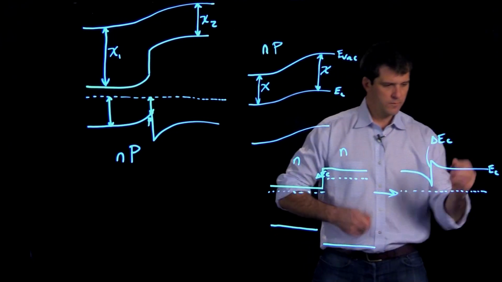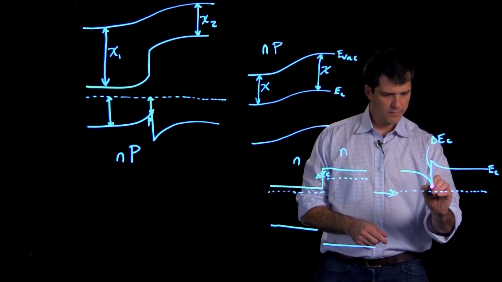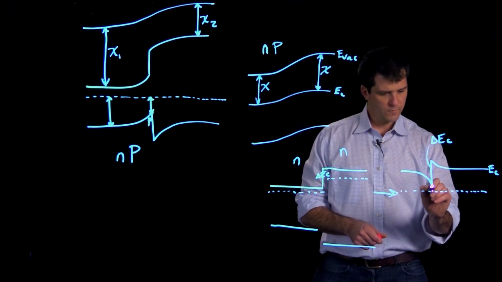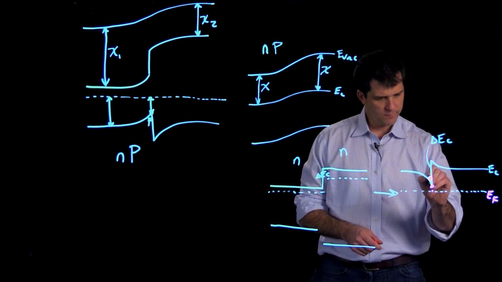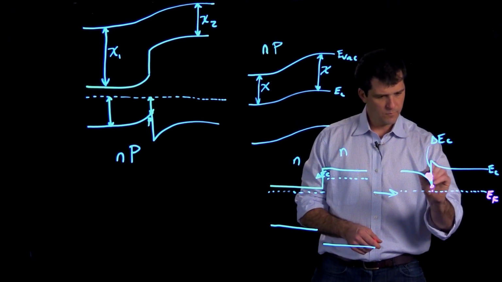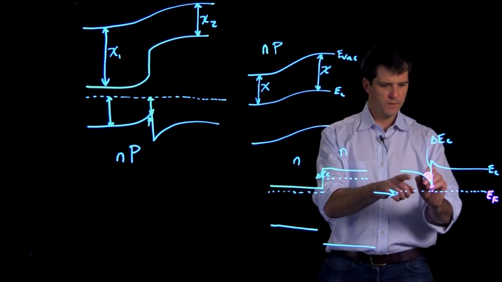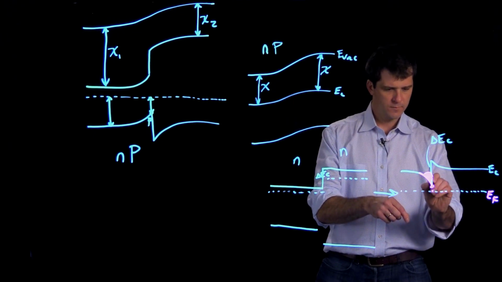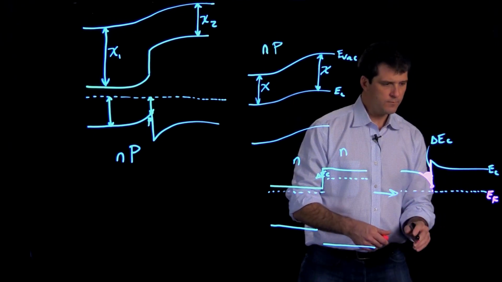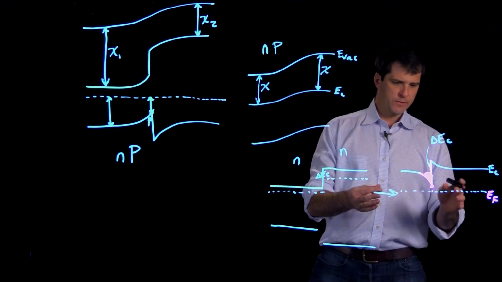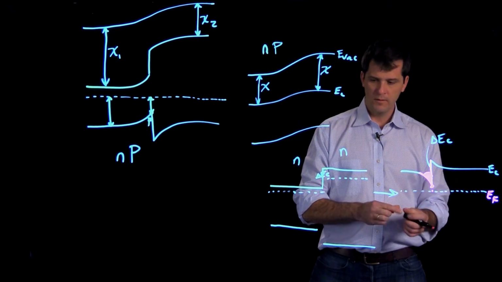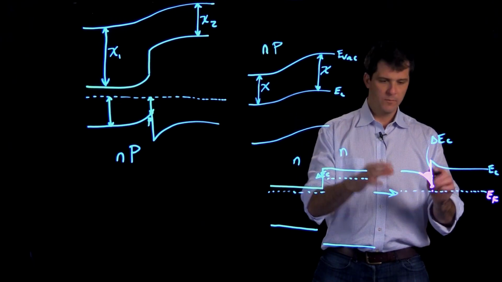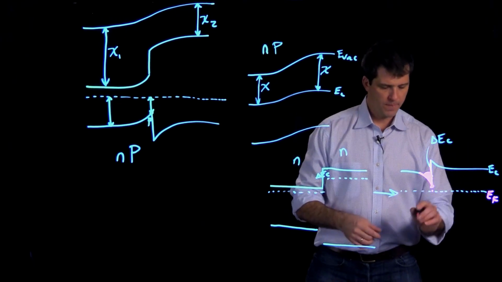Now, by our same argument, this point right here is very, very close to the Fermi level. And so now we have quite a few electrons piling up inside this little potential well. And those electrons are going to be pulled from somewhere on both sides of this junction, because both sides are doped N-type.